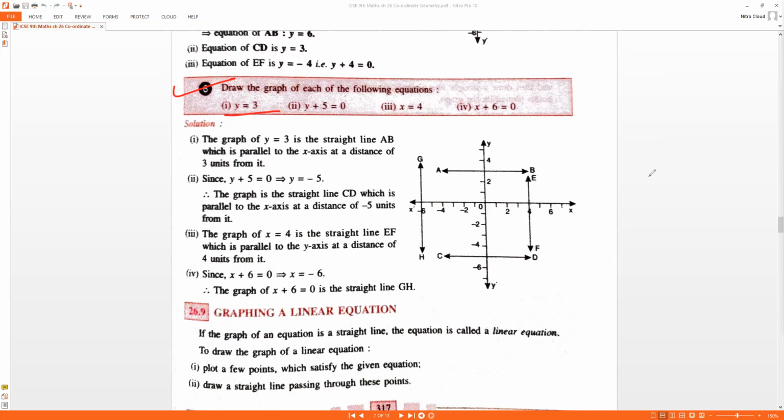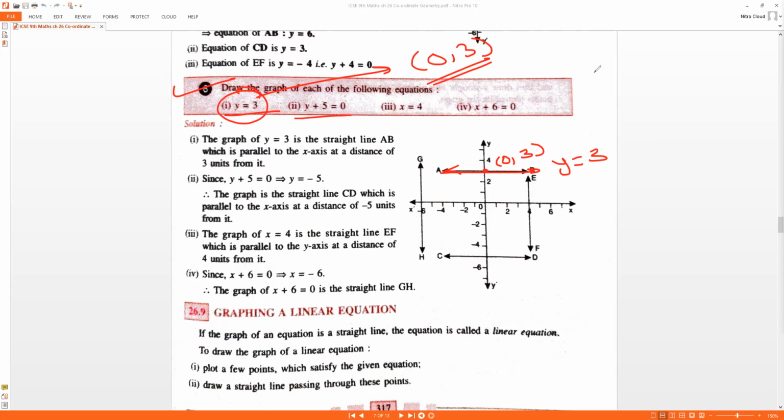If you are given such a simple equation, then you can easily see that y is equal to 3 means it is a line parallel to the x-axis which passes through the point where the y coordinate is 3, so (0, 3). This point lies on the y-axis, and this is the required line AB. So the equation is y is equal to 3.